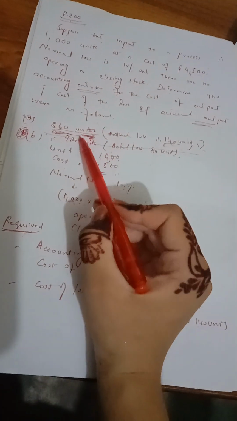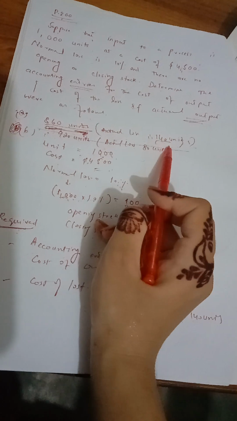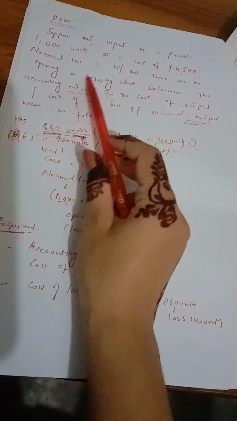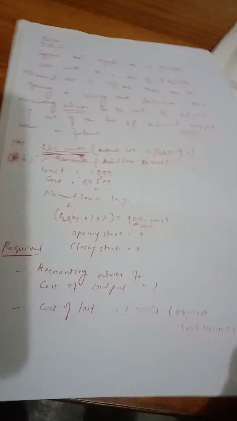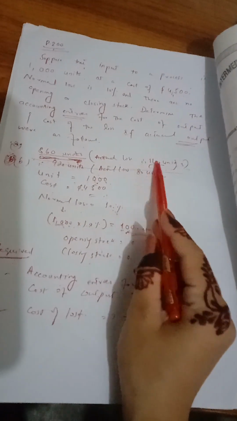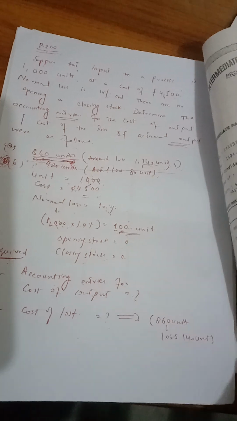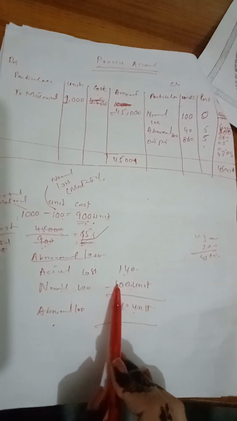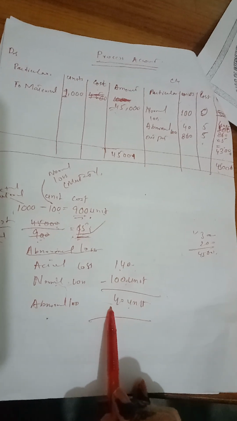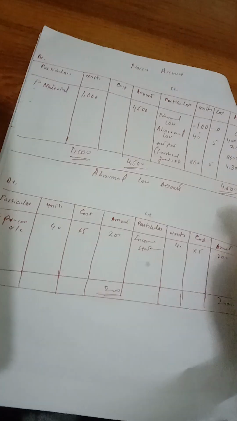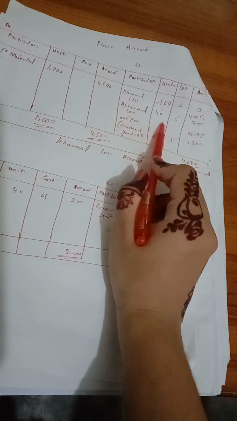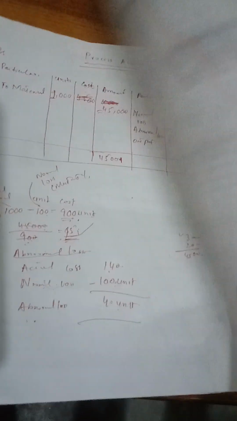In the question, the actual loss is 140 units and the normal loss is 100 units, which is 10% as given. The 100 units of normal loss are subtracted from the actual loss, which leaves 40 units. That is our abnormal loss. So the abnormal loss is 40 units. Now how do we find the cost of the abnormal units? There is a formula.